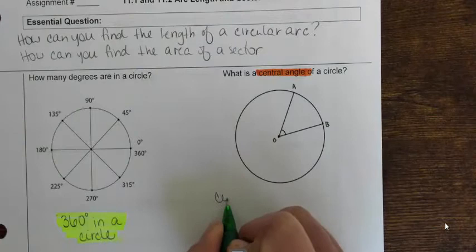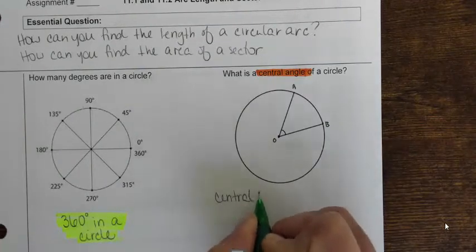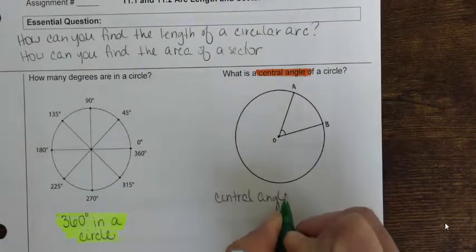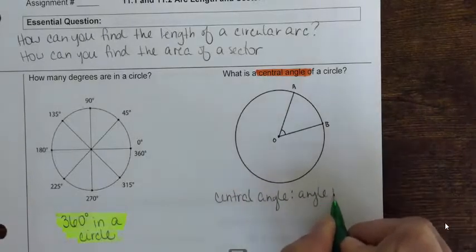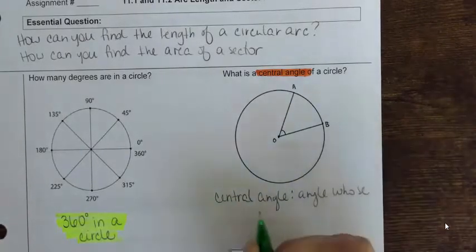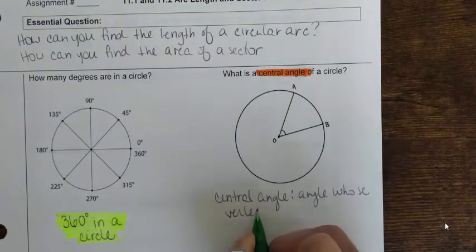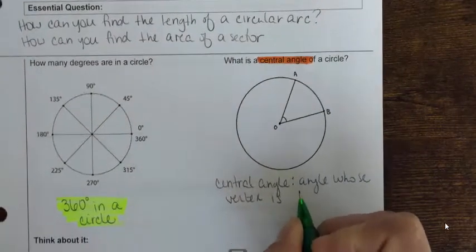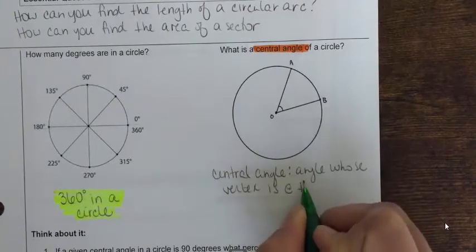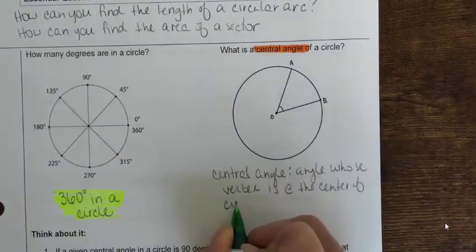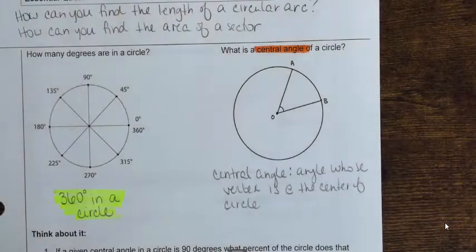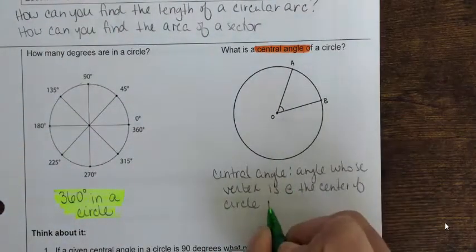Central angle is an angle whose vertex is at the center of the circle and whose sides are radii.